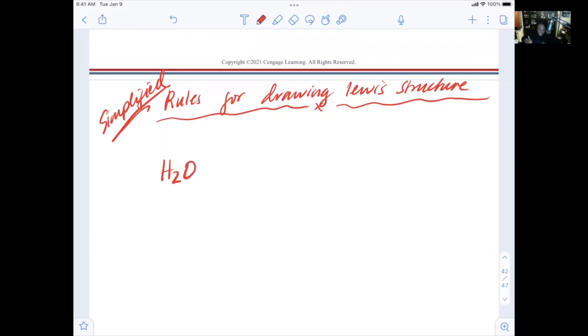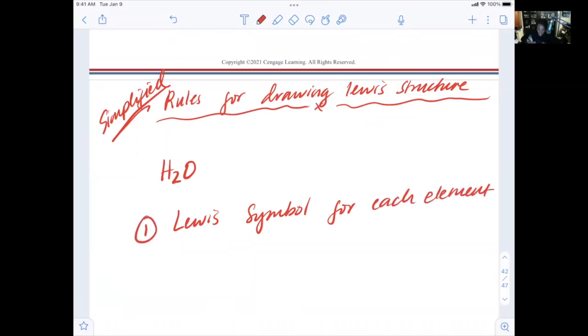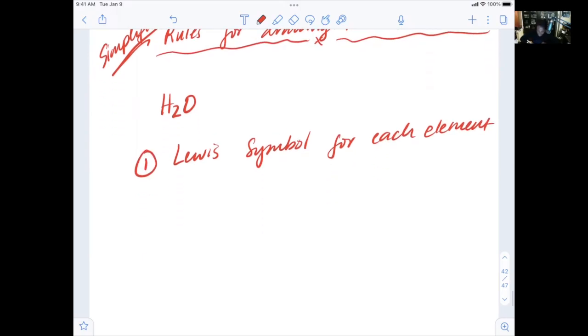Draw the Lewis symbol for each element. So I'm going to give you guys a process, even though it's not really shown here.